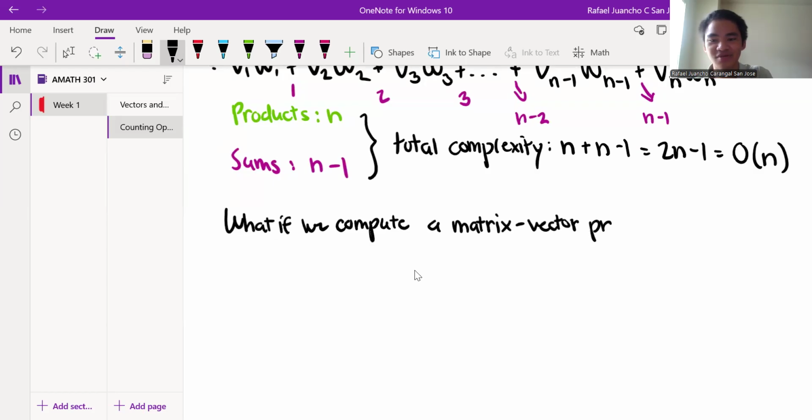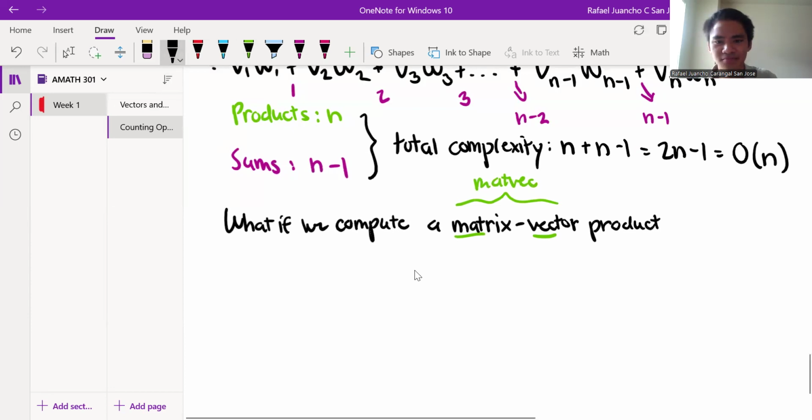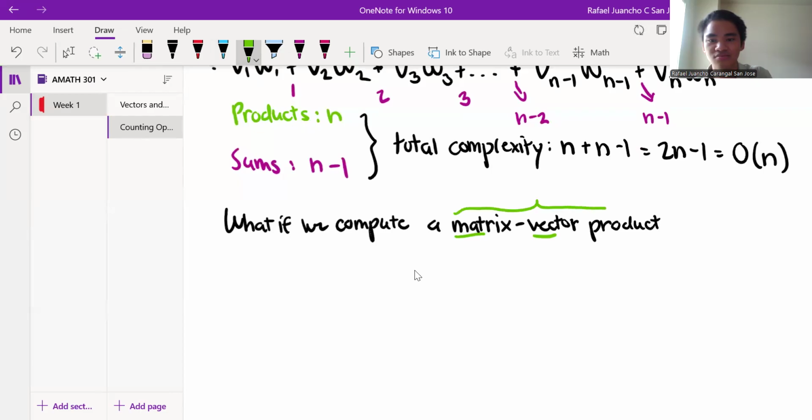So we're multiplying a matrix by a vector. Matrix plus vector, math-vec. That's why it's called a math-vec. So we're trying to compute a math-vec product. So let's compute a math-vec.